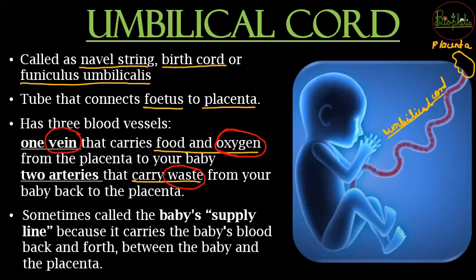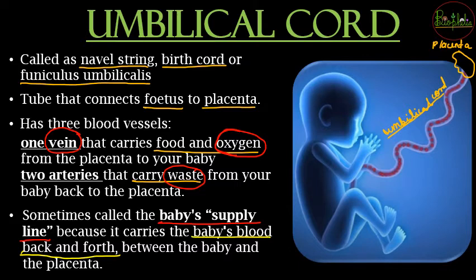Then sometimes the umbilical cord is going to be called as a baby's supply line. Why is it called as supply line? Because ये एक ही ऐसी tubing है that is going to carry the blood for the baby. So back and forth ये ऐसे बहुत बार आगे पीछे blood होते रहेगा, so that whatever the exchange needs to occur at the placenta, that is possible.